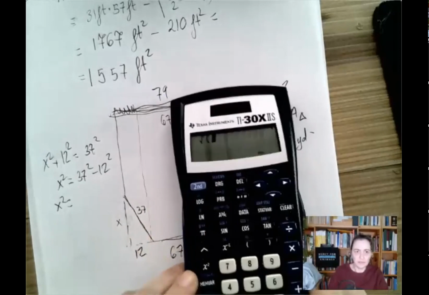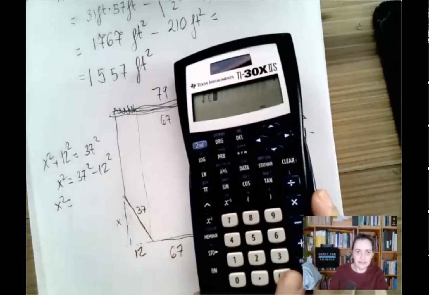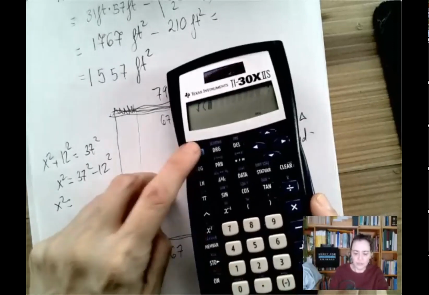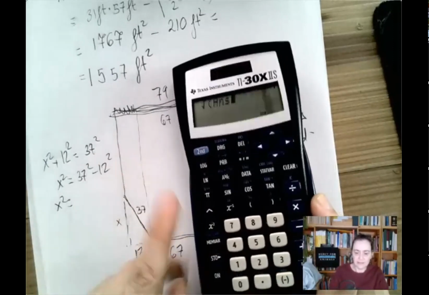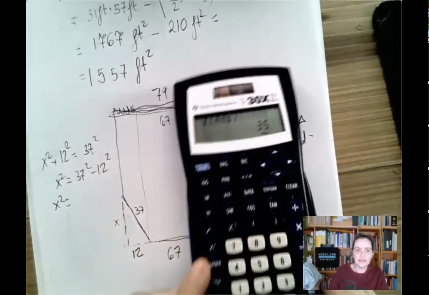So when I said square root, it erased the number, but you can recover it. Here, this is the answer in blue. So you go second and that. You see ANS, yeah, I want the answer square root. Oops, I'm sorry. It's 35.